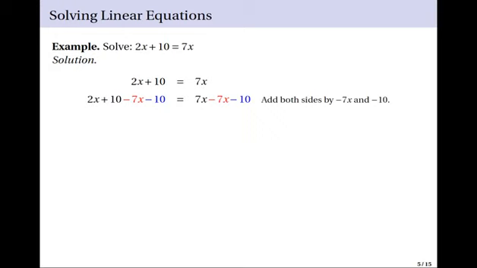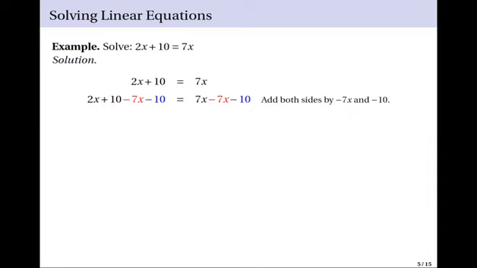Why is that? I want this 7x to disappear on this side of the equation, so the way is to subtract 7x also. Also, I want this 10 to disappear on this side, and the way is to subtract 10. So I'll do that on both sides of the equation.